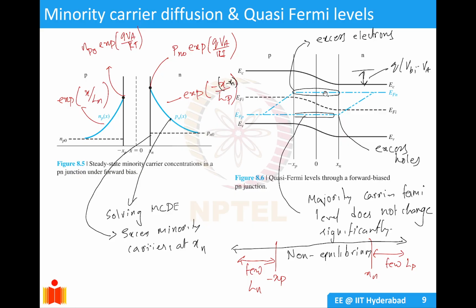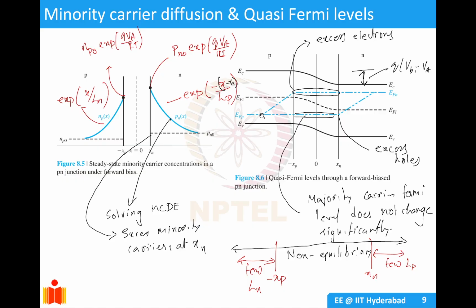And we have made the assumption that they don't change in the depletion region, so here also they're constant. In the p-type region, the electrons become minority carriers, so they are depleting exponentially. When you plot this in terms of potential, it becomes a straight line, going like this, as our minority carriers approach their equilibrium value.